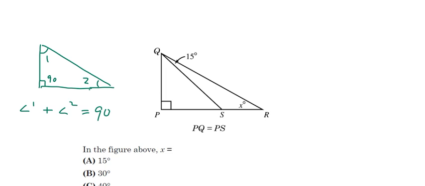If for this right triangle these two sides are equal, then these two angles are also equal.